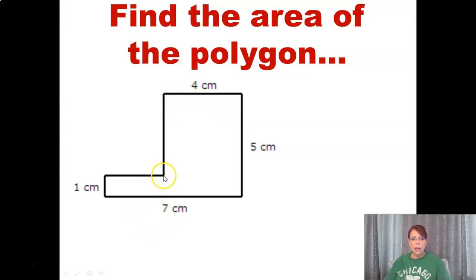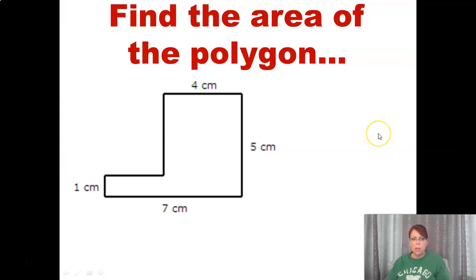Or you could cut a line here, and then you have kind of this square shape here, and you have this rectangle here. So I'm going to do it on a piece of paper, and I want you guys to hit pause and try this on your own paper. So cut it however you would like. And since we have two quadrilaterals here, the formula is going to be base times height for both of them. So cut it however you'd like, and then I'll come right back here in just a second, and we're going to solve this. So hit pause.